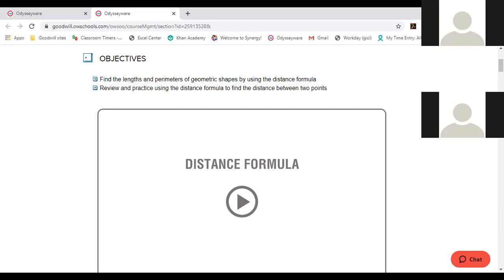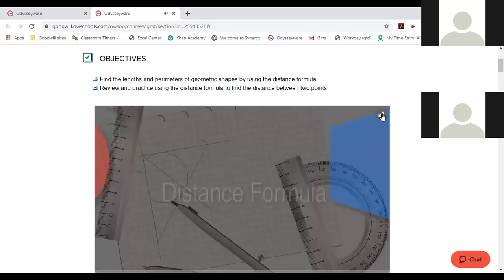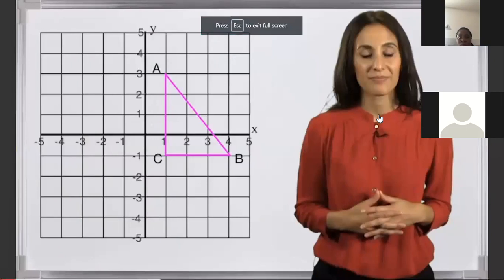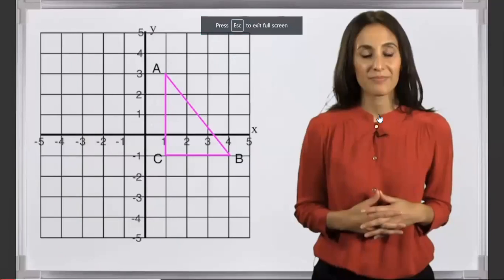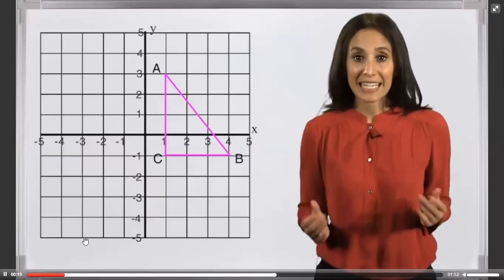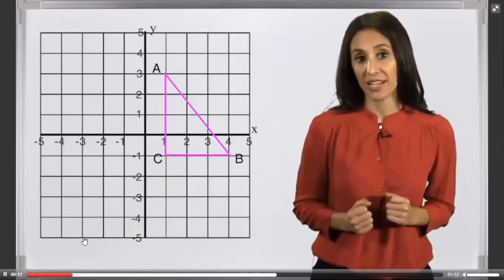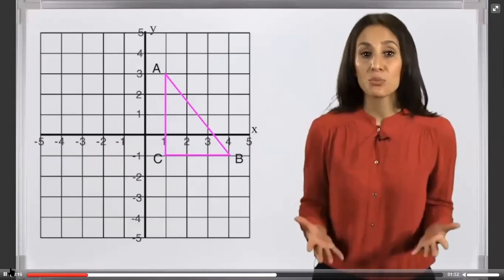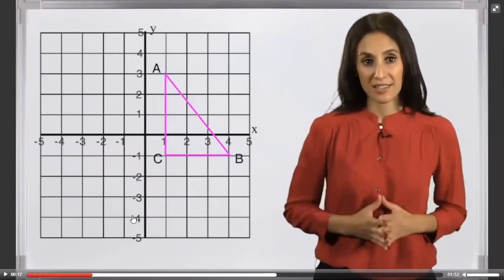So let's take a look at what OdysseyWare is saying about the distance formula to begin with. In this figure, triangle ABC is a right triangle. The length of segment AC is easily counted as 4 units. The length of segment BC is counted as 3 units. Now this would be the short leg.